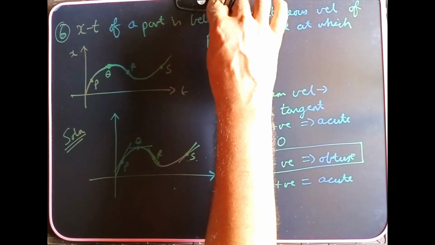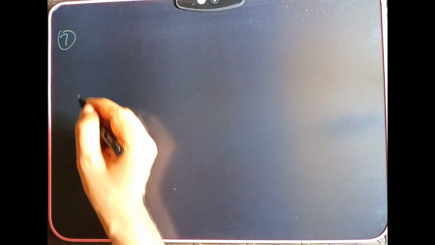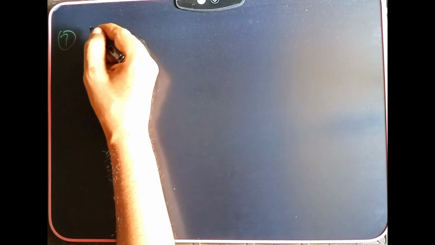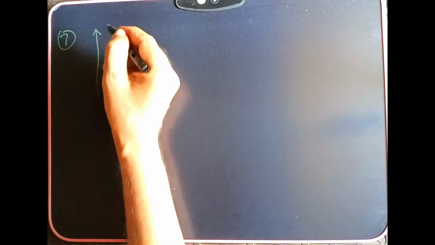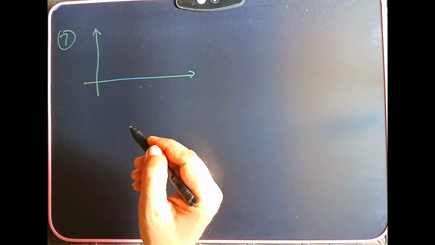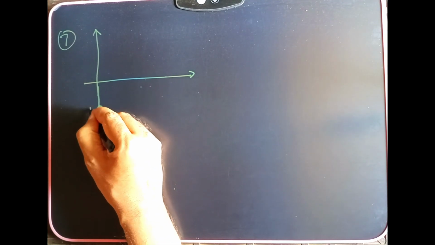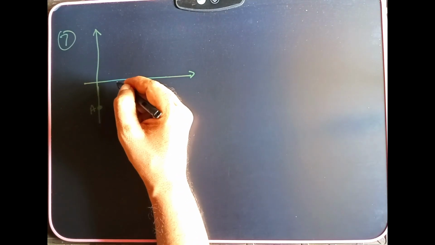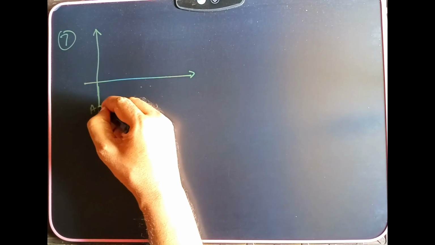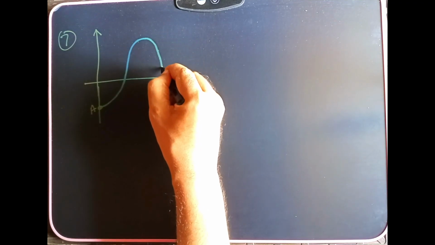Let us take one more problem in the same session. Problem number 7. A particle is moving, and the x-t graph is shown like this. This is point A, moving all the way like this.